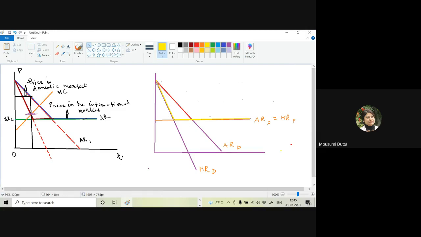But before that, first I want to tell something about the marginal revenue curve. So corresponding to this red part, the relevant marginal revenue will be this one.